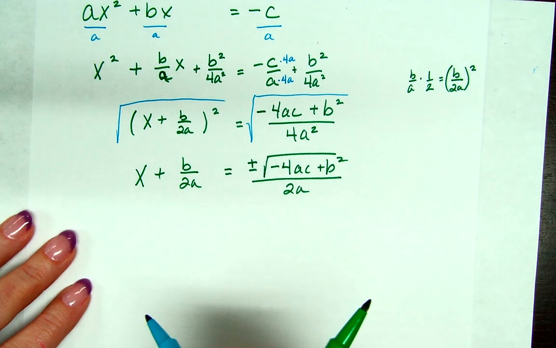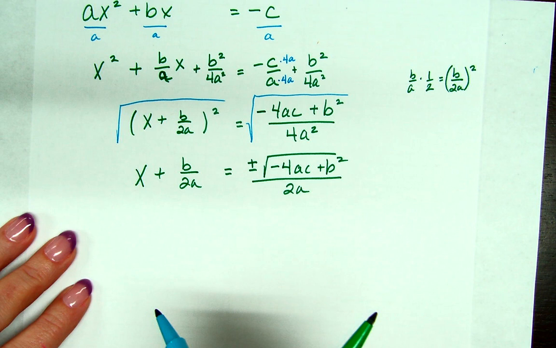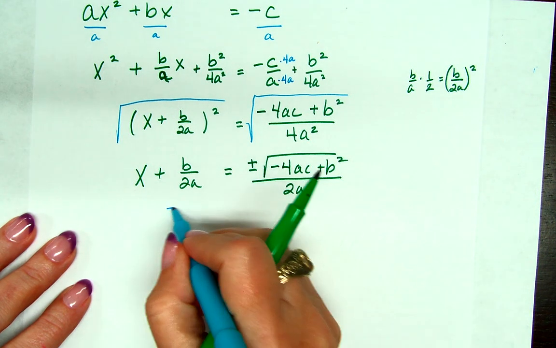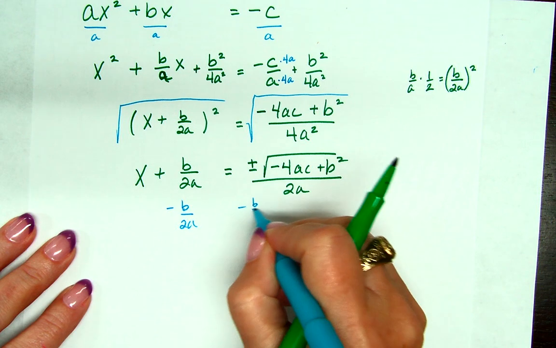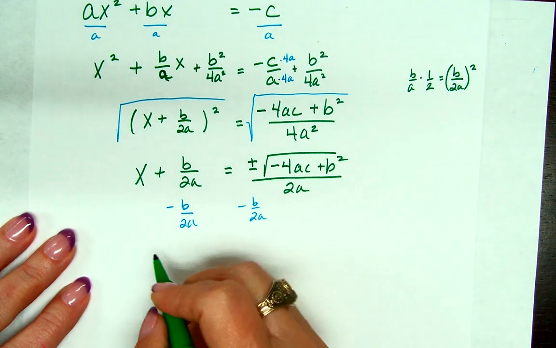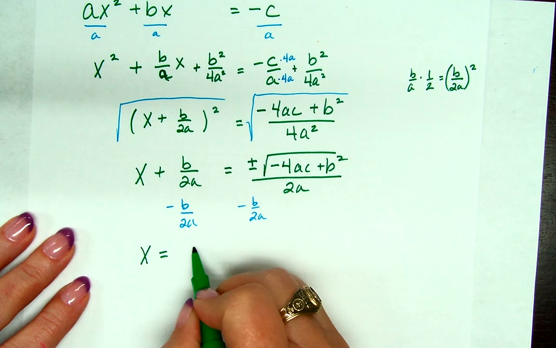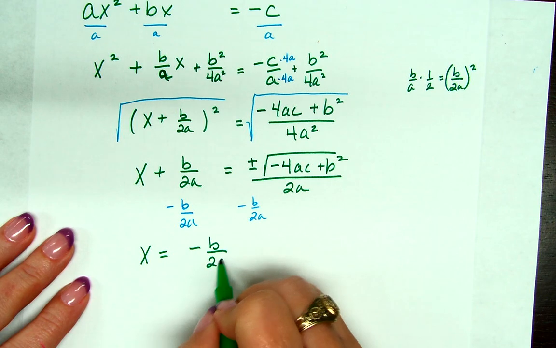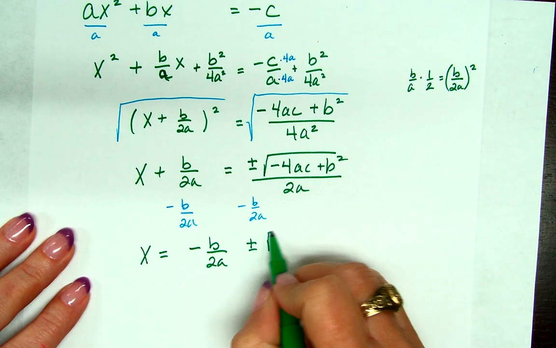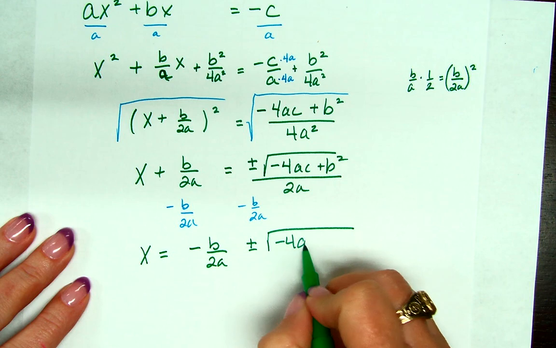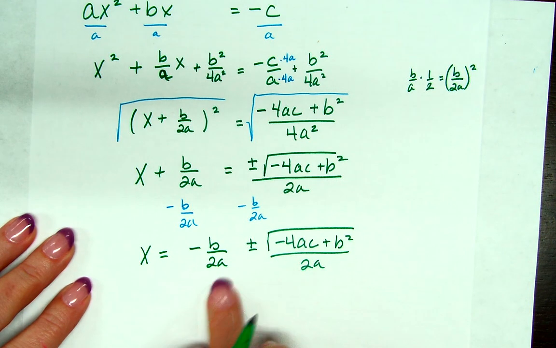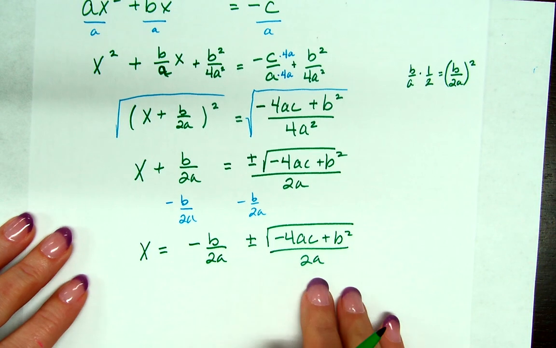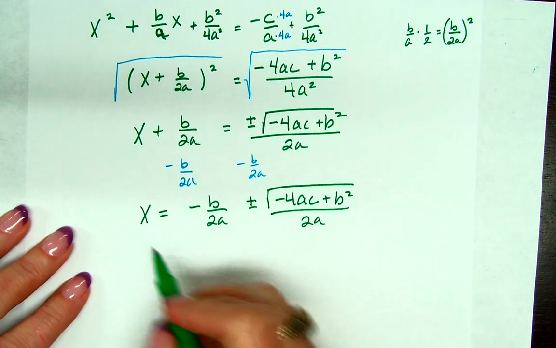Now to solve for x, I subtract b over 2a. So x equals negative b over 2a, plus or minus the square root of b squared minus 4ac over 2a, except these are fractions with the common denominator, so can't I combine their numerators?